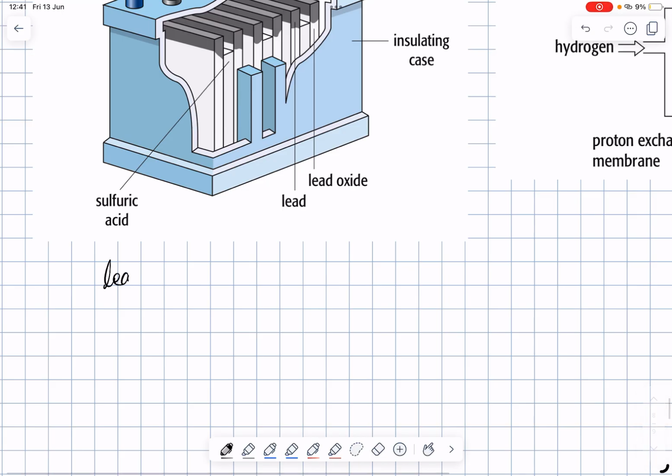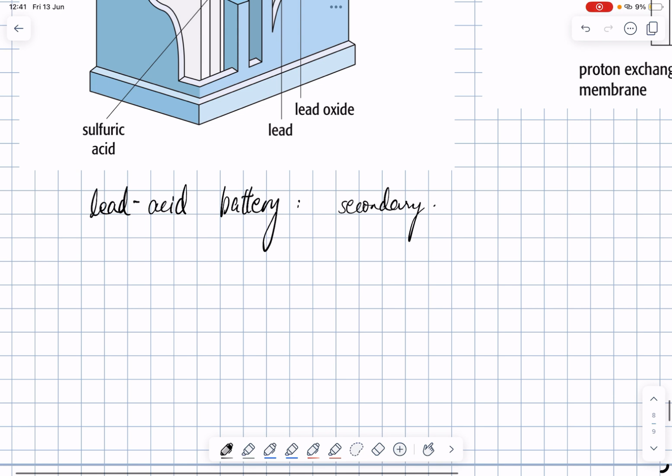This is a lead acid battery. This is a secondary battery, which means it's rechargeable, and each lead plate provides 2 volts.